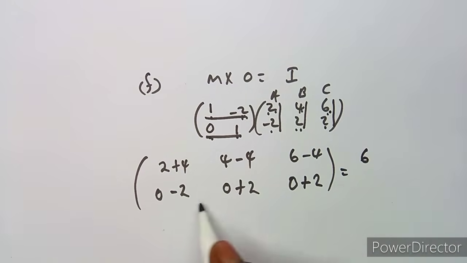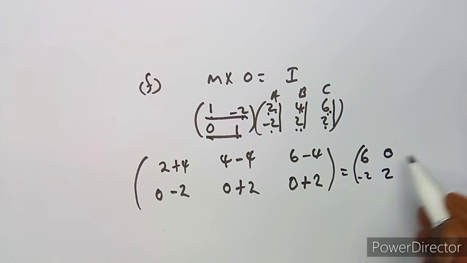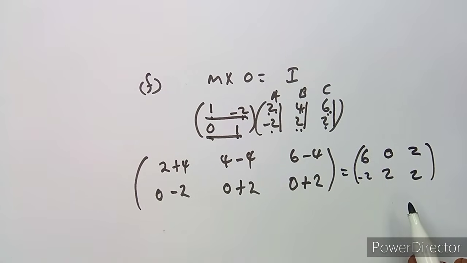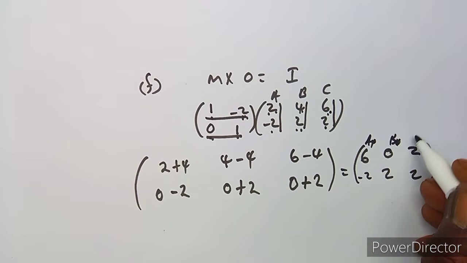Okay, and 0 minus 2, that's minus 2, and 0, 2, and 2, 2. So these are the points that you're going to actually have, and this becomes our A3, B3, and so forth. So it's now A4, so this will be your A4, B4, C4.